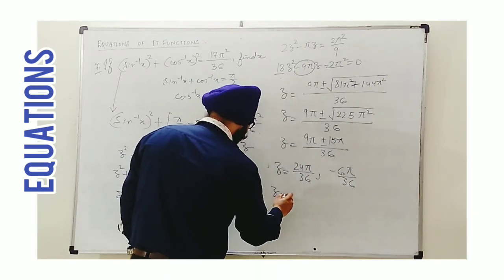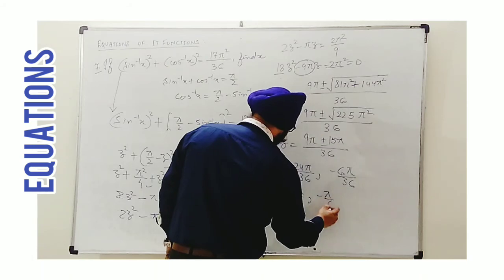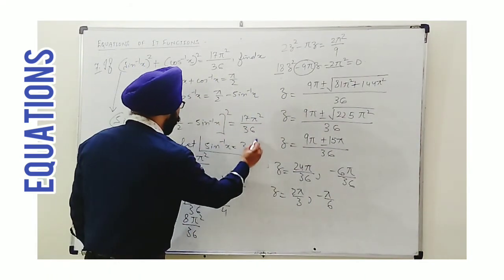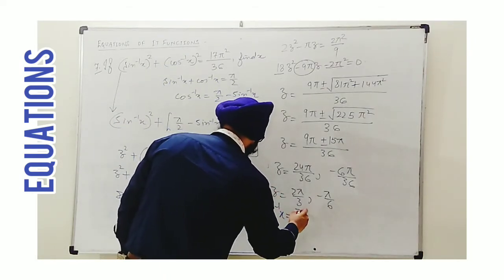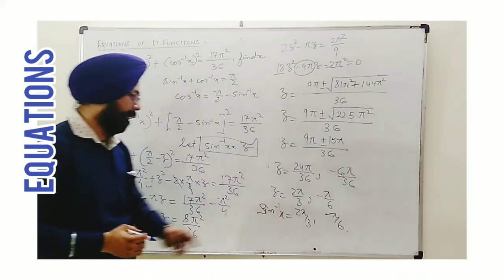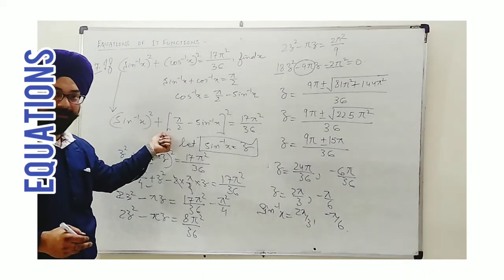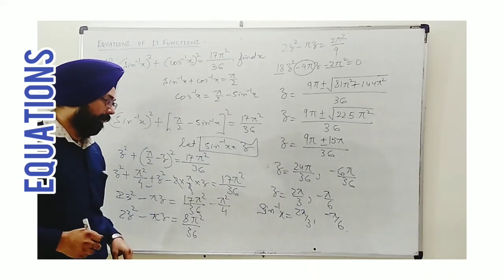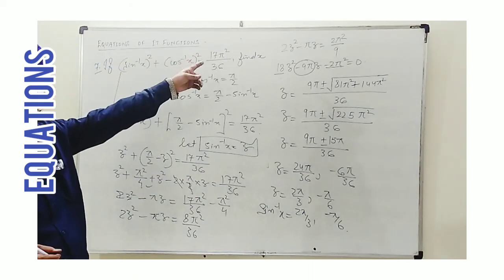So we get 2 pi by 3 and minus pi by 6, and both of the values are z. Z means what? We consider this to be sine inverse x. So sine inverse x is 2 pi by 3 or minus pi by 6. We need to find x, not sine inverse x.